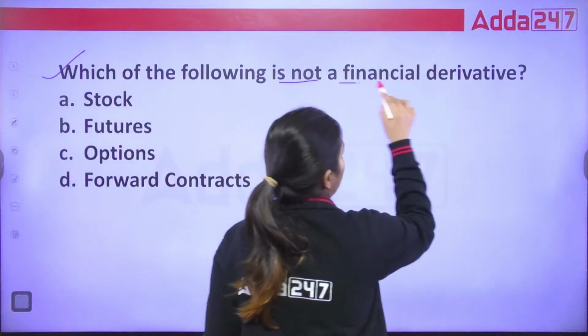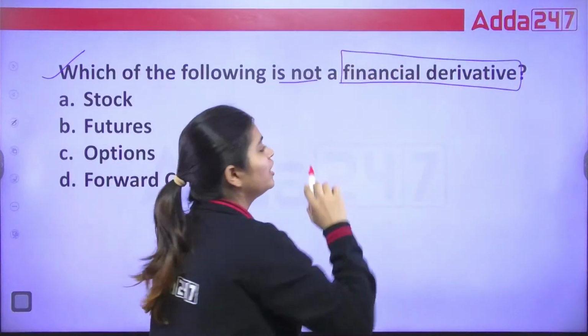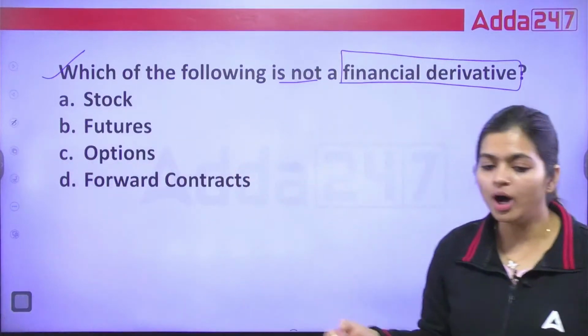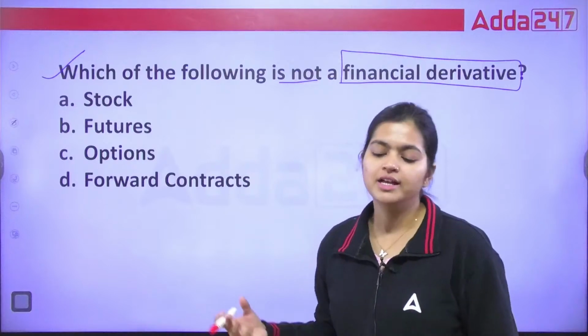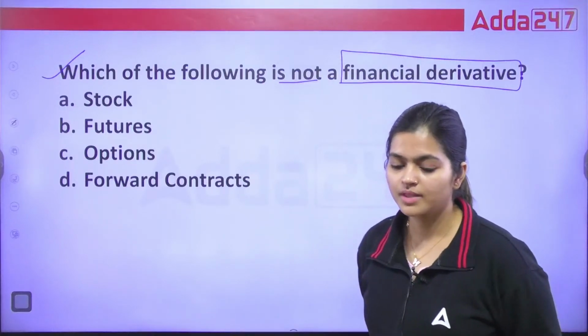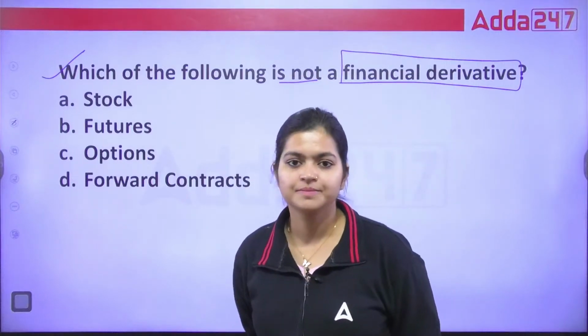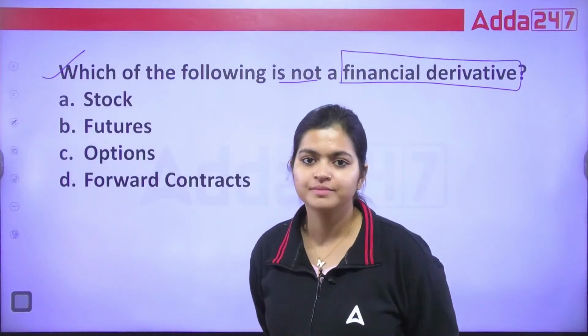Not a financial derivative: stock, futures, options, or forward contracts. Tell me, A, B, C, D, which is not a derivative.